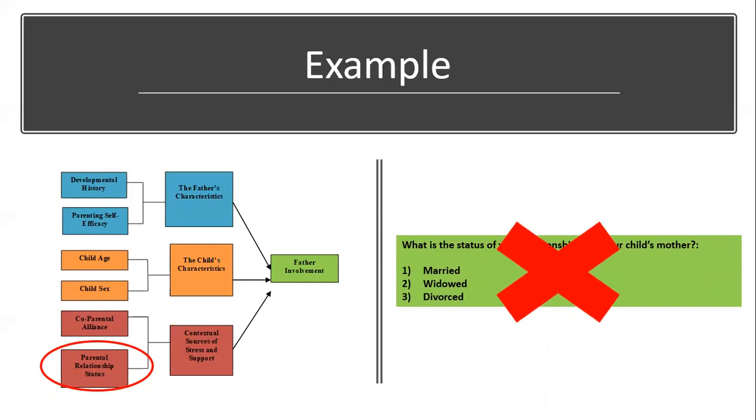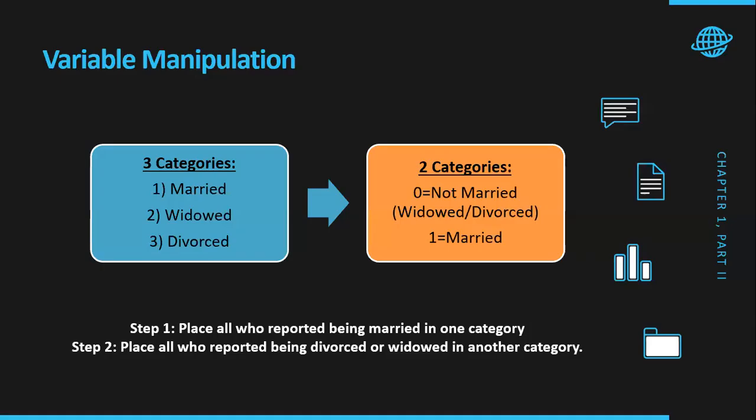However, as I just mentioned, multiple regression requires that all categorical variables be dummy variables. So this required the manipulation of this variable. The variable manipulation process involved two key steps. Step one was placing all of those who reported being married into one category, and step two involved placing all of those who reported being divorced or widowed into another category.